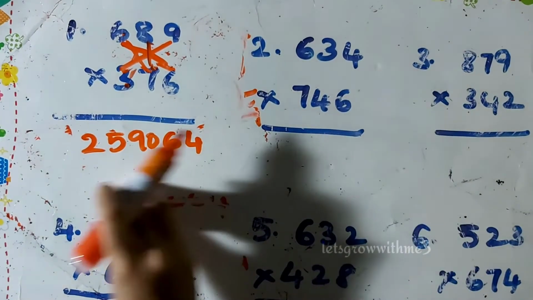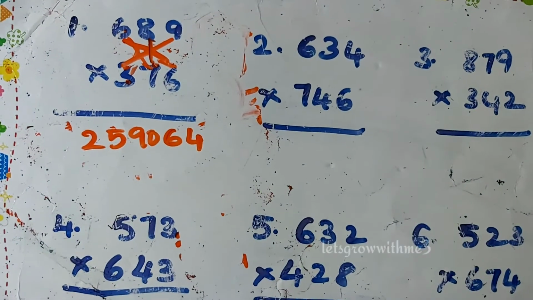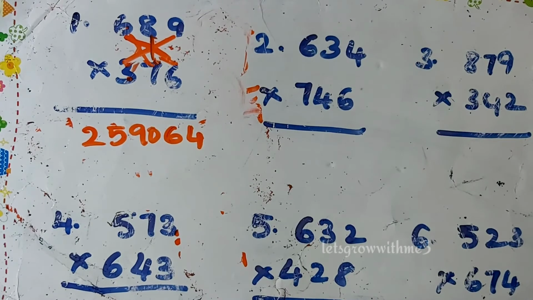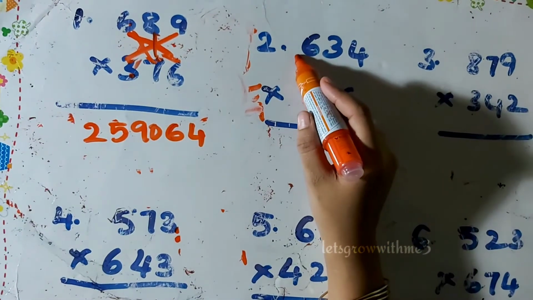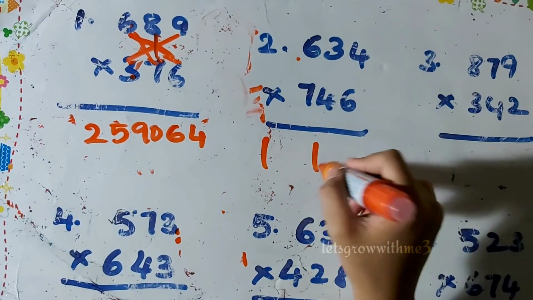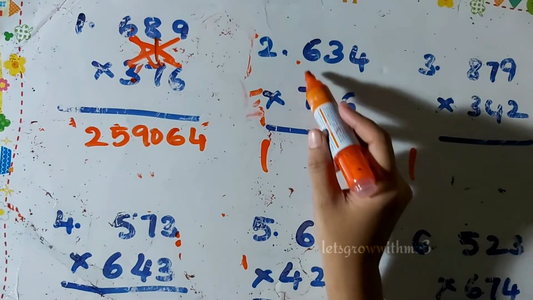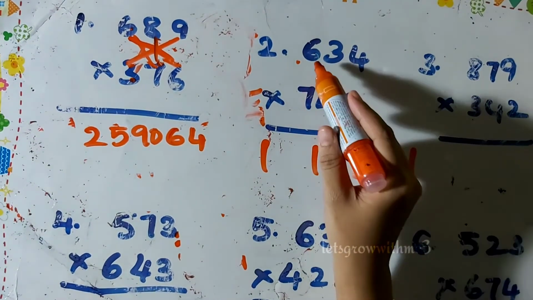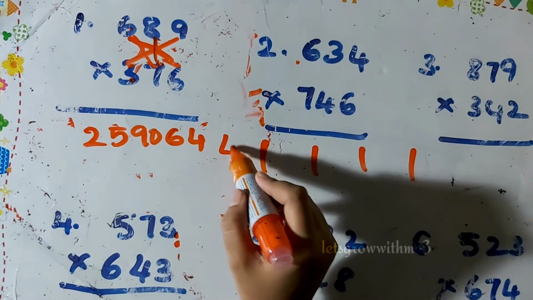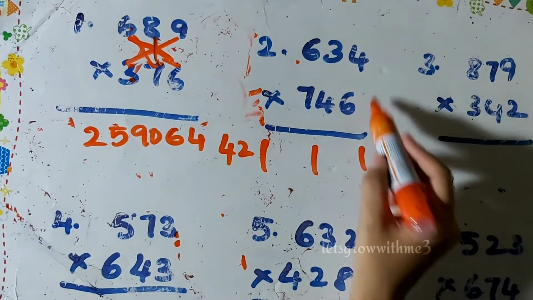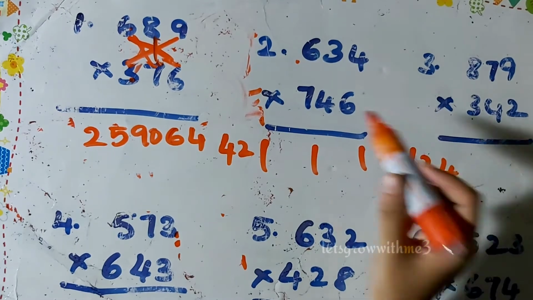So let's do the next question: 634 times 746. 6 sevens are 42. Straight multiplication values are very easy. 6 sevens are 42, and then 4 sixes are 24.